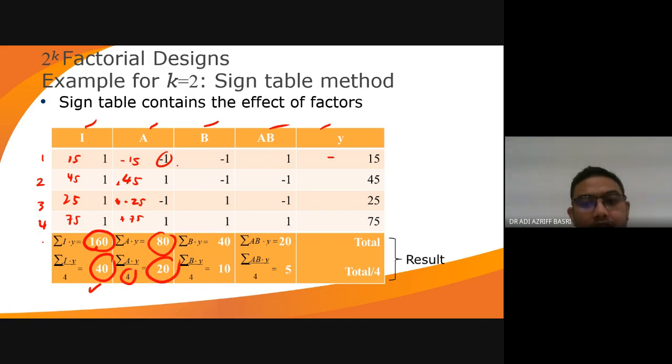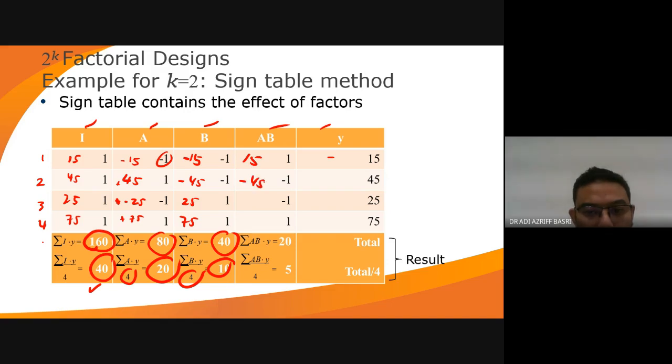So same like this, negative 15 minus 45 plus 25 plus 75, we get 40, divided by 4, you will get 10. And AB, you will get 15 minus 45 minus 25 and plus 75, you will get 20, divided by 4, you get 5.